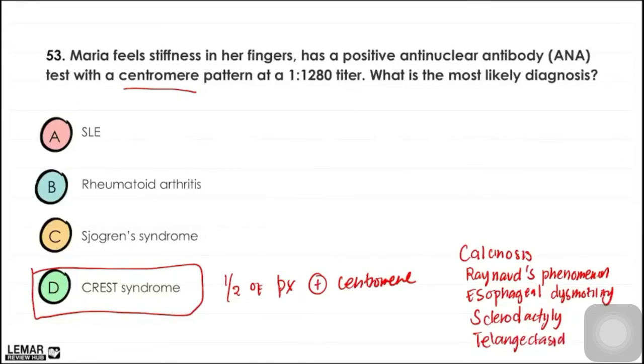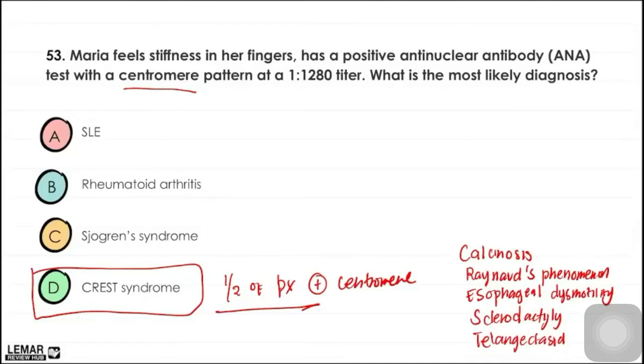Okay, so while the ANA result alone is not diagnostic, in this patient having clinical symptoms of stiff fingers, that fits nicely with the centromere ANA pattern. So, let us be specific with the centromere antibodies: only half of those patients with CREST syndrome would present a centromere pattern.